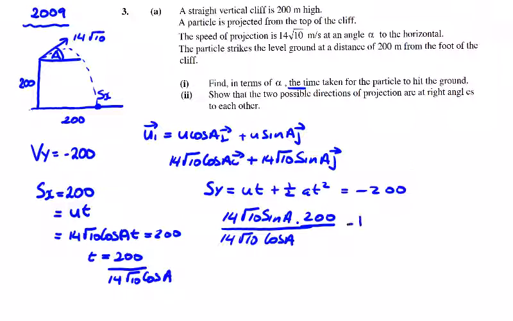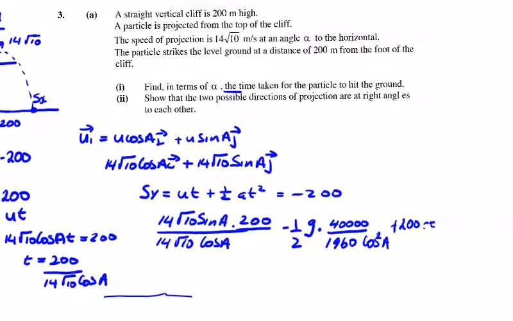That's ut, minus a half times g times t squared, which is going to be 4 zeros over 196 by 10, which is 1960, and that will be cos squared alpha, and then plus 200 equals 0.